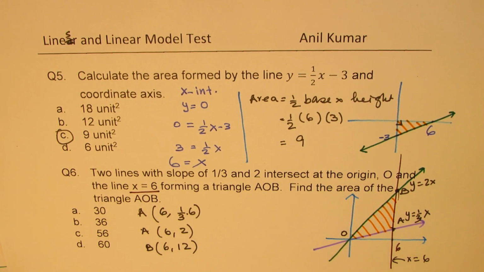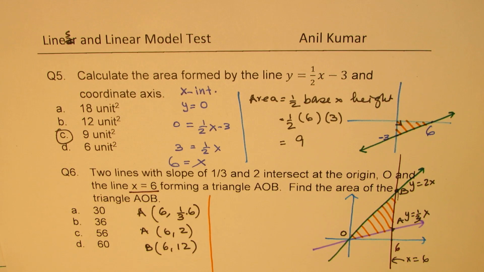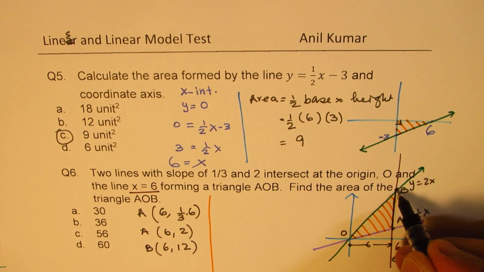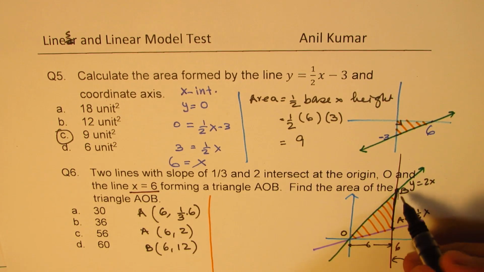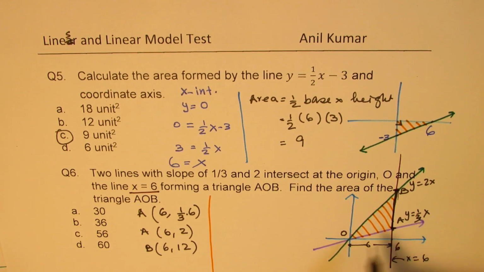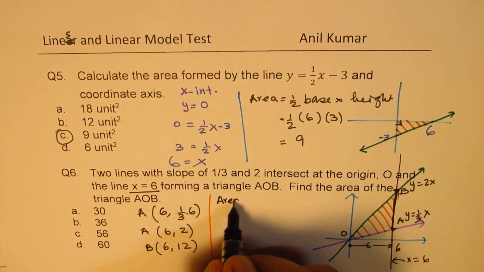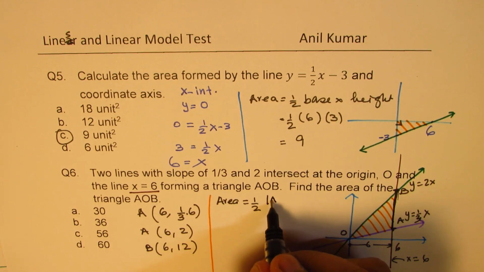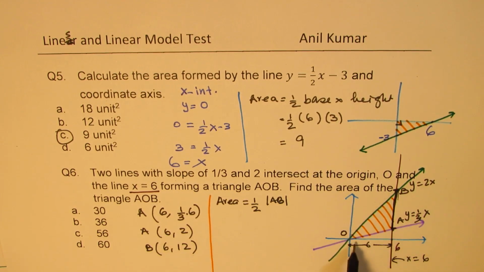Now to find the area, which is half base into height, it is important to note that the height is how much? So the height is 6, right? This is the height, and that is the base. So the base basically is AB, right? So the area is half of length AB times OC.